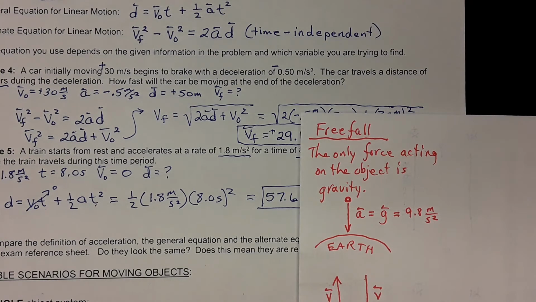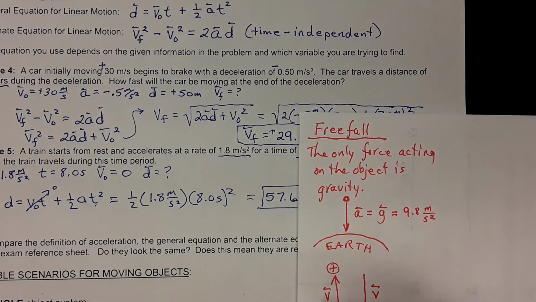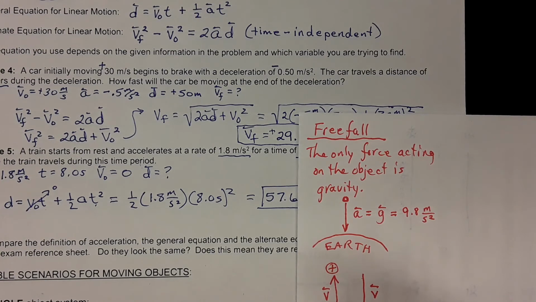Since I normally take the direction of motion to be positive, then in this case, we would have a negative acceleration because the acceleration due to gravity always points down. So here we would use negative 9.8 meters per second squared, and your velocity would get smaller and smaller until somewhere up there the object stops. And then it will begin to accelerate back towards the earth.